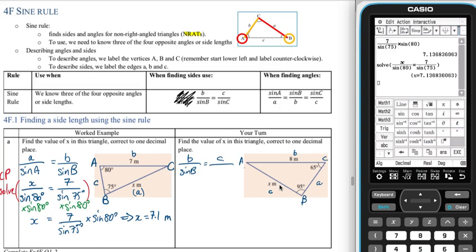We substitute our values in. B in this case is equal to 8 on sine big B, which is 95 degrees, is equal to small c, which is x on sine big C. We now know that x is equal to 8 on sine 95 degrees times by sine 65.